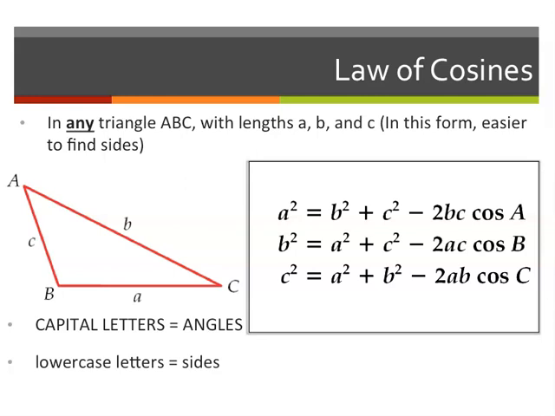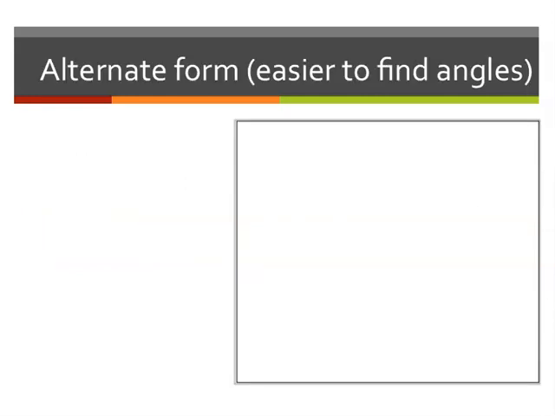This alternate form, which you'll write down in the next box, makes it a little easier to find the measure of the angle because you already have the angle almost completely by itself on one side. So cosine of A is equal to b squared plus c squared minus a squared all over 2bc.